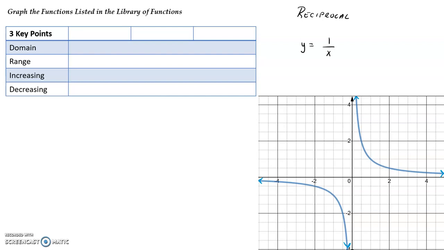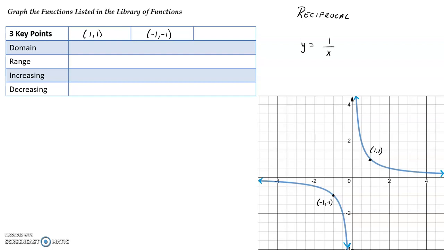So let's go ahead and take a look at some key points that are on this graph. We have the point 1, 1. We also have the point negative 1, negative 1. Notice we can't use 0 because that would make an undefined fraction in this case.